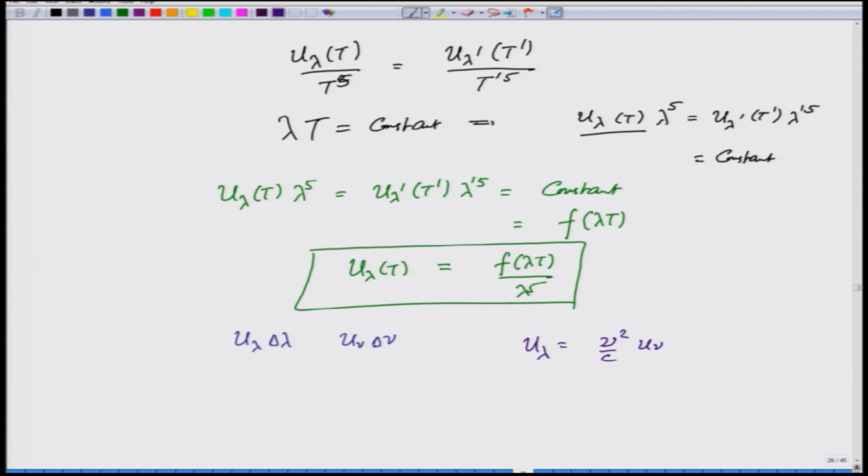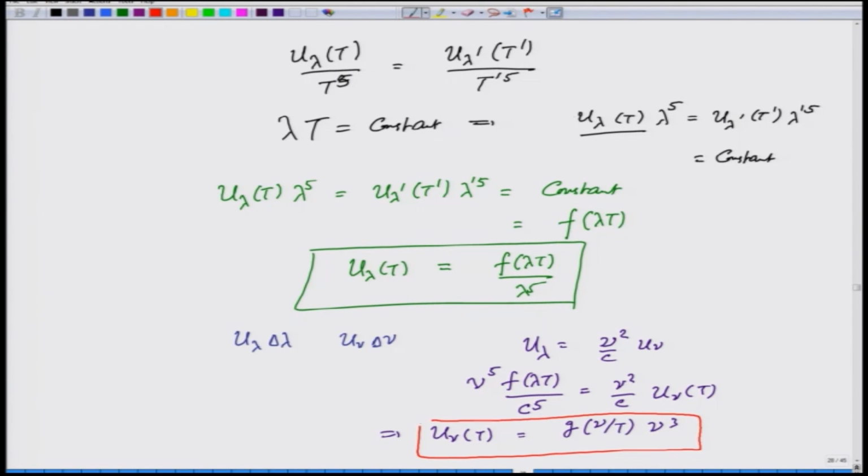So, u lambda is f of lambda T over lambda raised to 5, which can be written as c raised to 5 nu raised to 5, is equal to nu square over c u nu T, and this implies u nu T is of the form some other function g of nu over T. I have written lambda as c over nu, which is T over nu, which we can also write as nu over T times nu cubed. So, these are two forms that were derived by Wien.